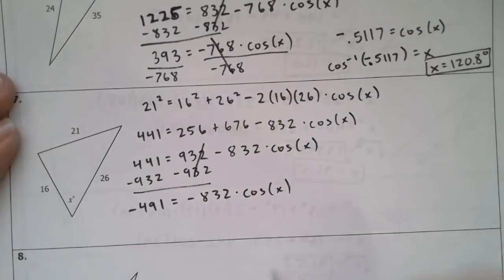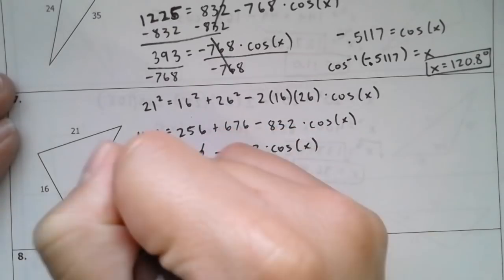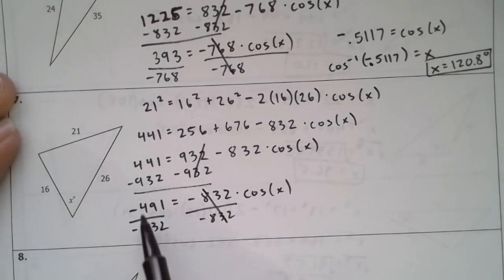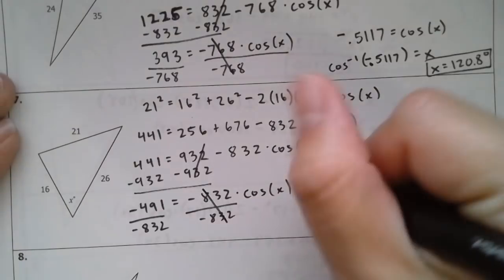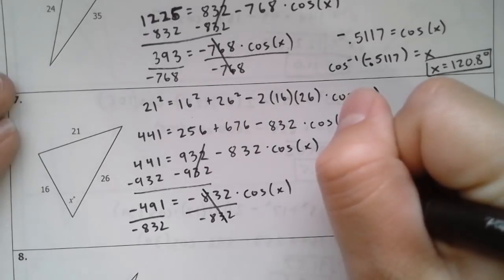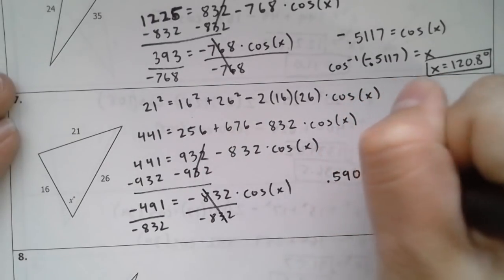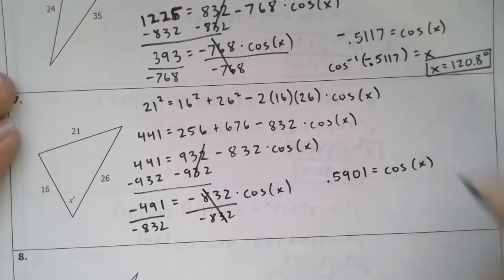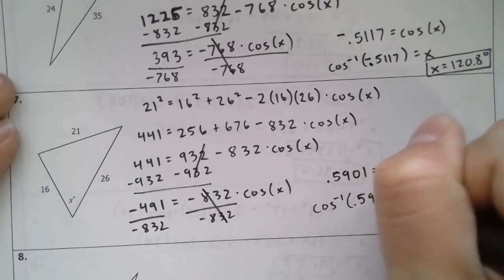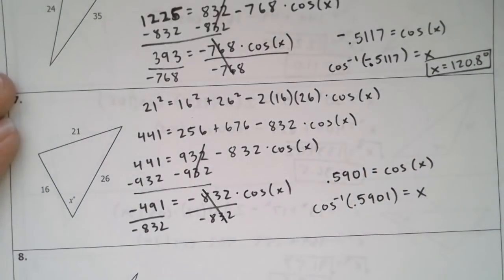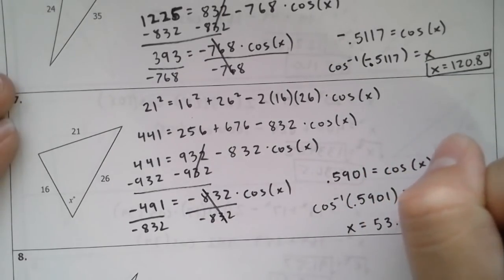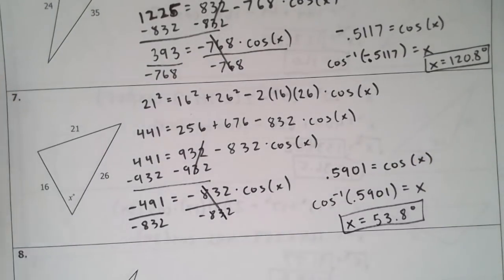Now you're going to divide both sides by negative 832. Put this in your calculator. Negative divided by a negative, you're going to get positive. Again, 4 decimal places, so 0.5901 is equal to cosine of x. Take the inverse cosine of 0.5901. You're going to get that x is equal to 53.8 degrees. Okay, and that's it.